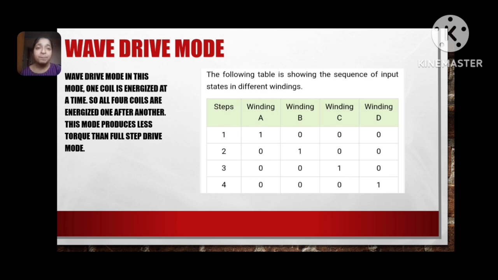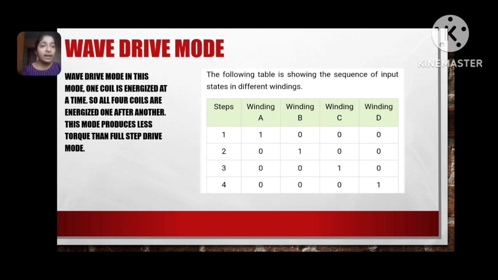Wave drive mode. In this mode, one coil is energized at a time, one after another. This mode produces less torque than the full drive mode.